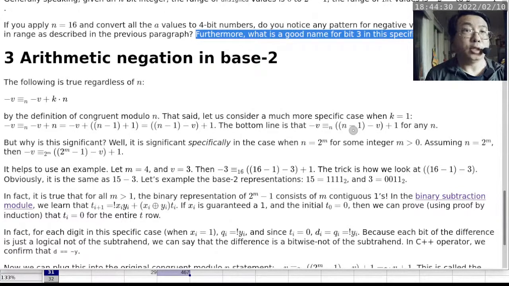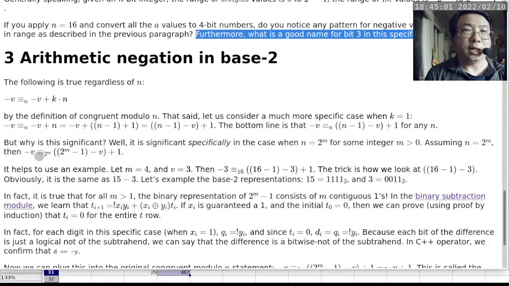So the bottom line is we have just established this. It's not an equation per se because we're not using the equal sign, but nonetheless, this is true for any value of v. Now we're going to say, what if n is a power of 2? What if n equals 2 to the power of m for some integer m greater than 0? It's not a big deal, because all we have to do is replace all the references of n with 2 to the power of m here.